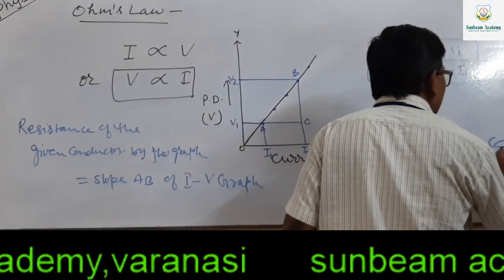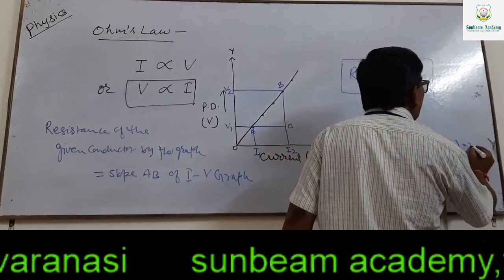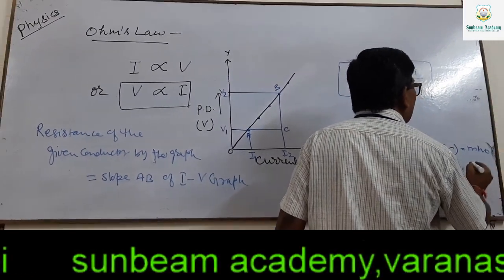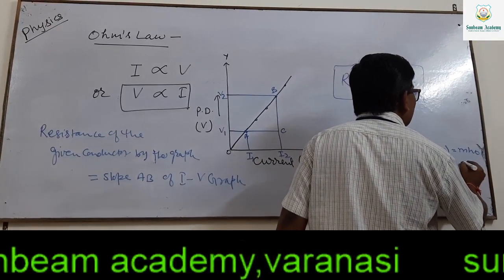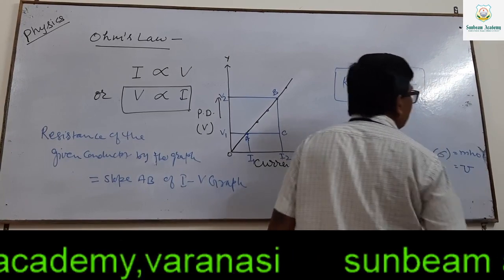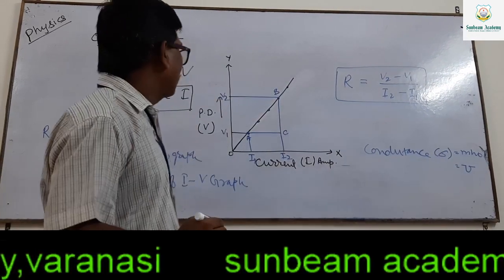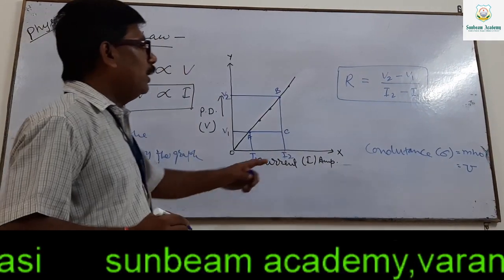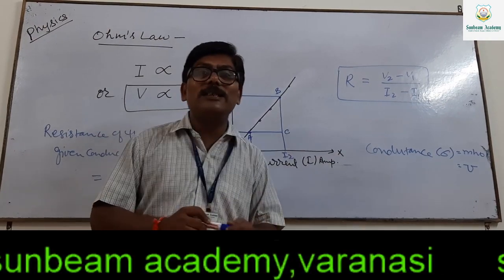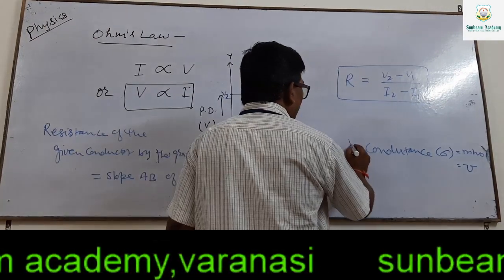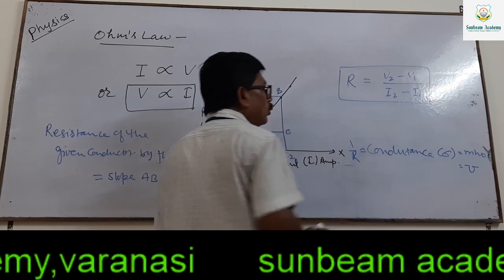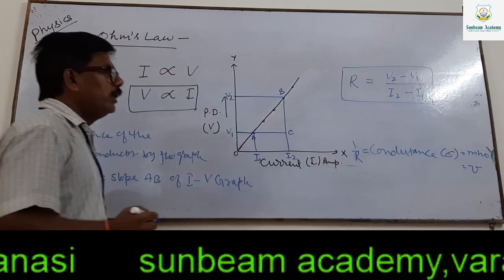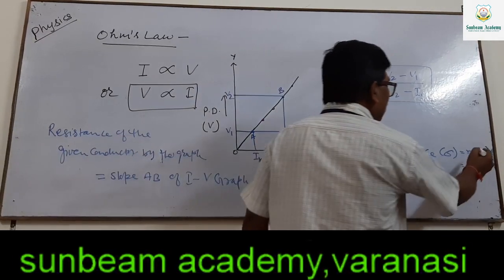Conductance is denoted in this way, that is mho, और इसमें हम बनाते हैं इस तरह से उल्टा ओमेगा, ये है साइन कंडक्टेंस का. कंडक्टेंस क्या है? Reciprocal of the resistance, meaning 1 by R is equal to conductance, and SI unit is mho.